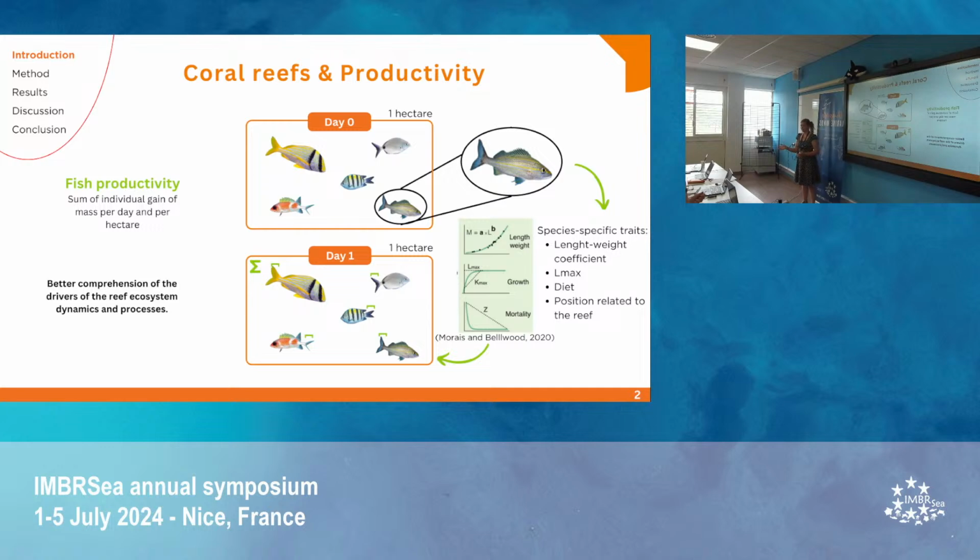What does it mean concretely? A fish of 10 cm will grow differently depending on whether it's a juvenile that can reach 30 cm or an adult that already reached its maximum size. So, this measure integrates all those parameters in order to have a better comprehension of the ecosystem drivers, dynamics and processes.